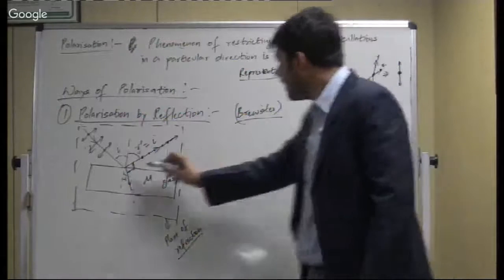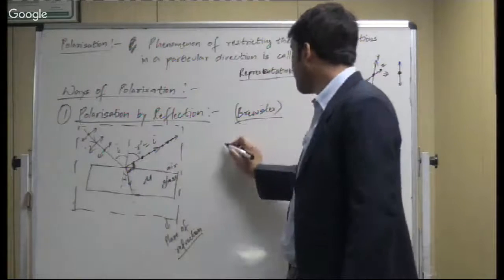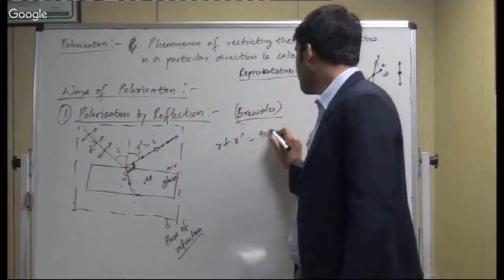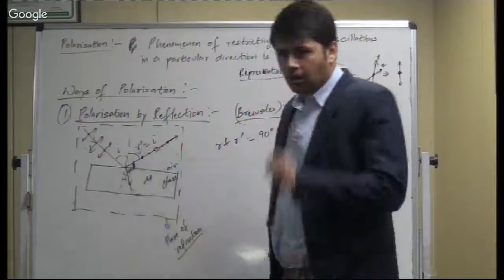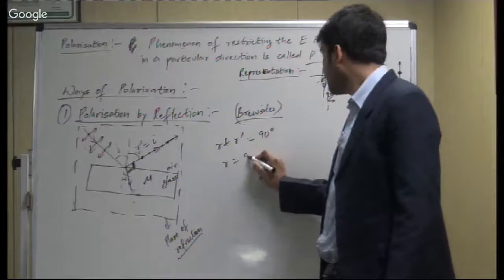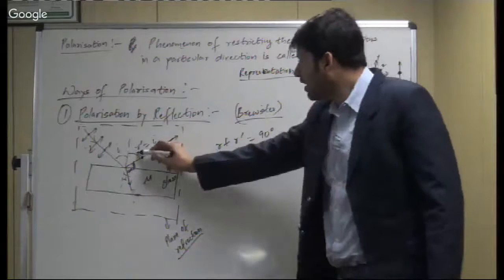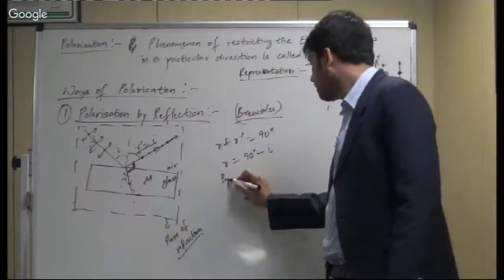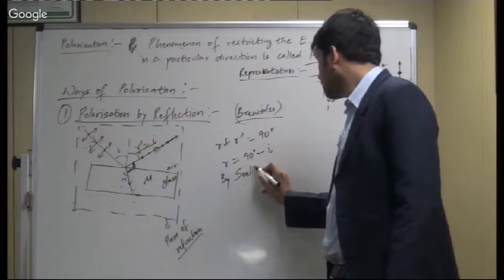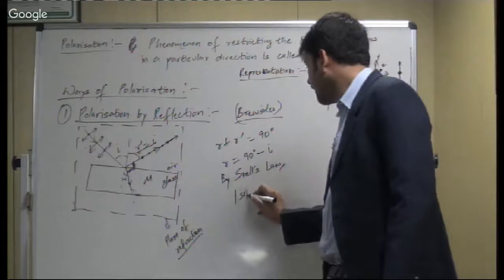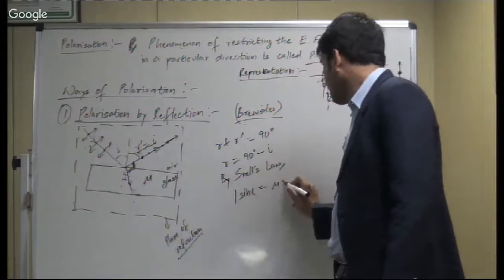We know the angle is 90, so r plus r dash would be 90 degrees, and r would be 90 degrees minus I, since r dash is I. Now by Snell's law, sine I is mu sine r.